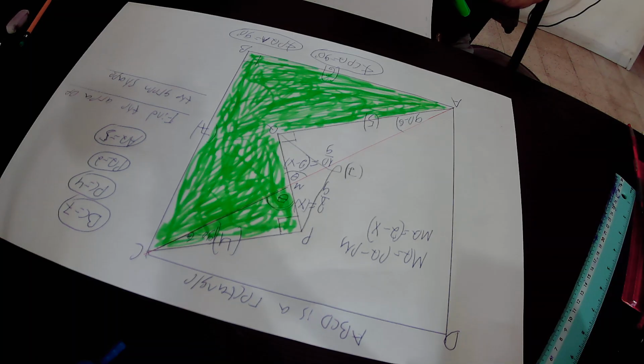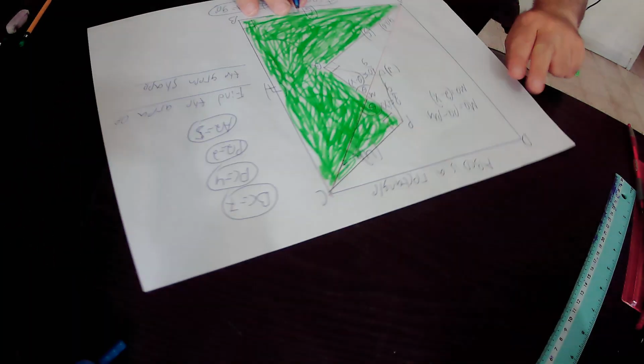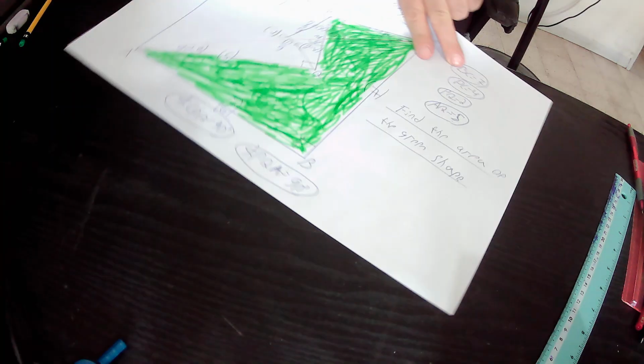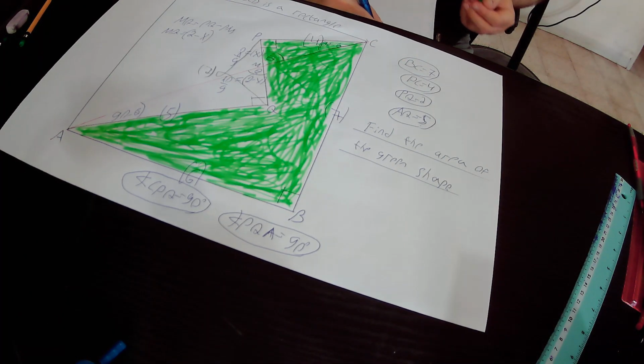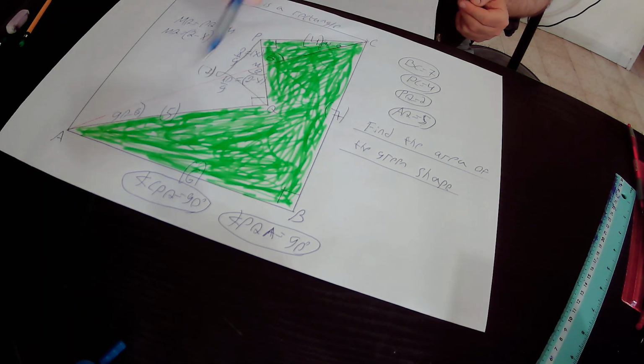I repeat again that our mission is to find the area of this green shape. So what is the area of the green shape? The area of the green shape equals the area of the big right triangle ABC.